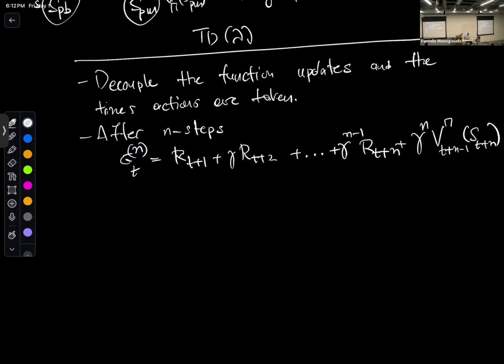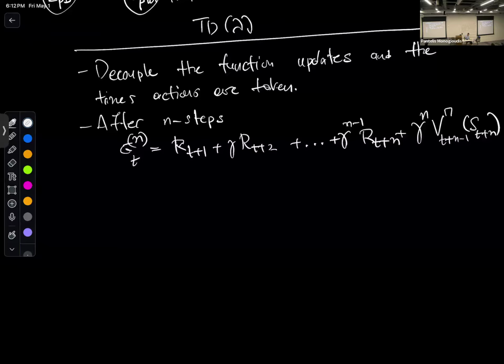I want to write the general expression now with any lambda, which is a factor between, let's say, 0 and 1.